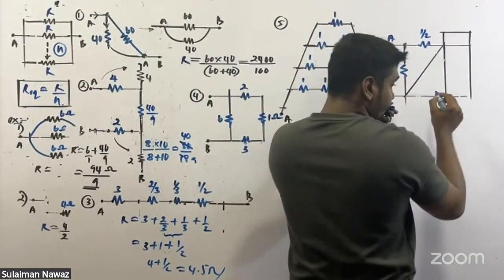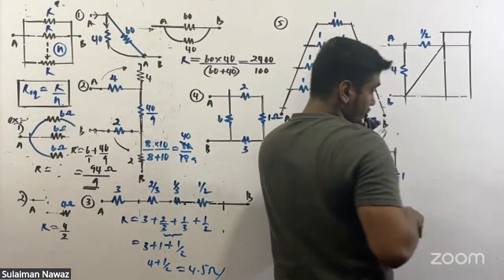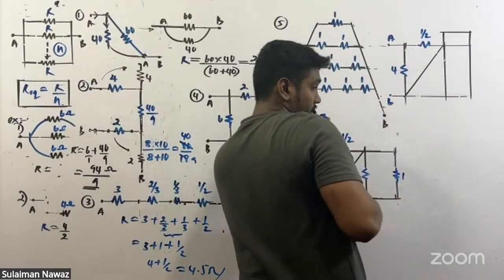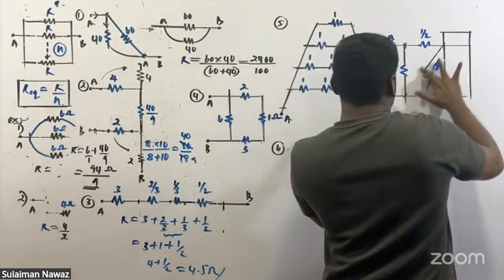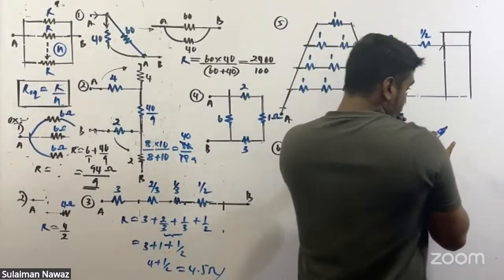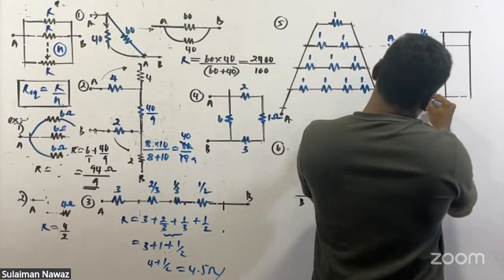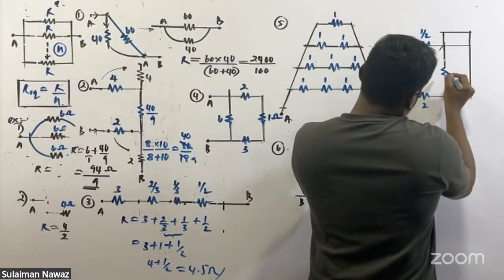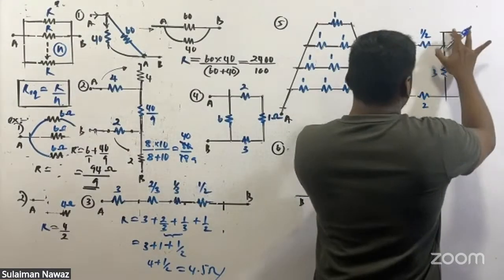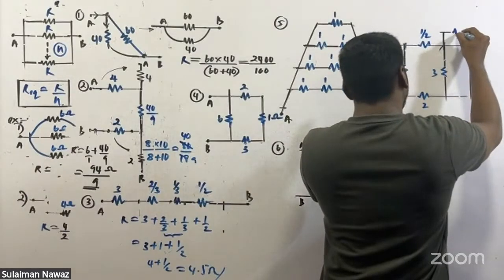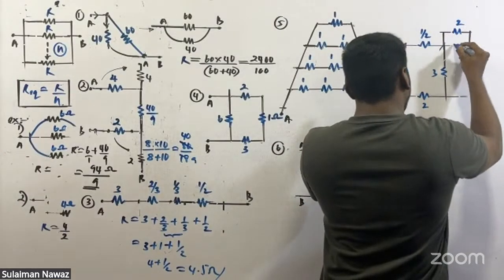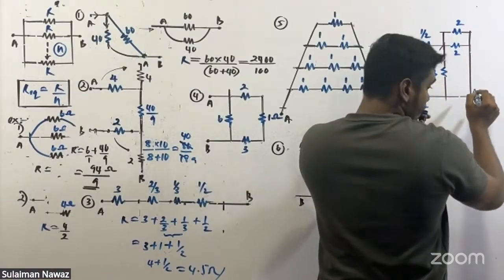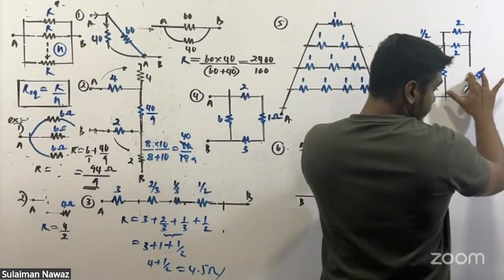This is 2. This is 3. And then 2, 2. And here it's 2.